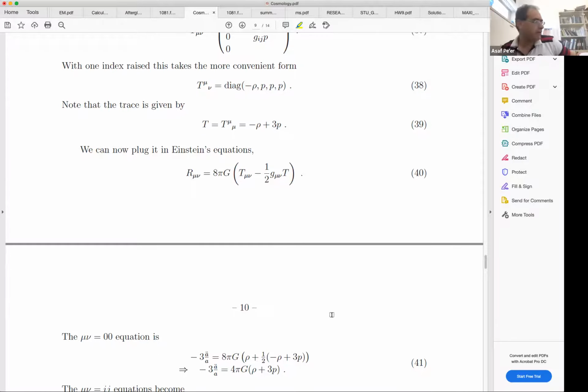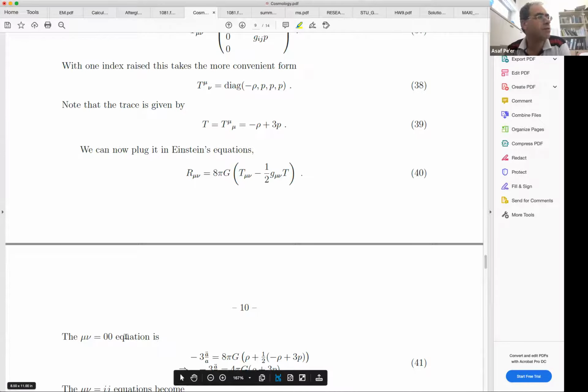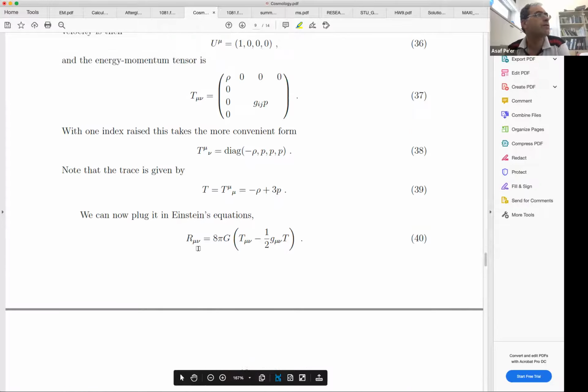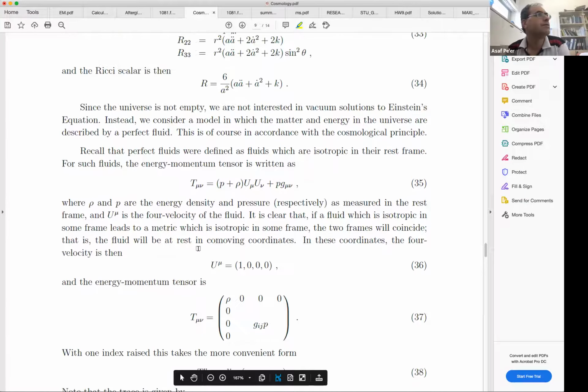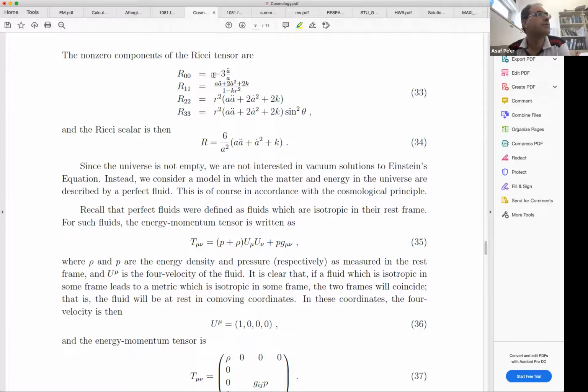Because of this idea of isotropy. So if we take μ equal ν equal to 0, so the 0,0 component, then we need to go back to this R_00, which is here.